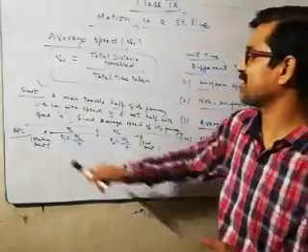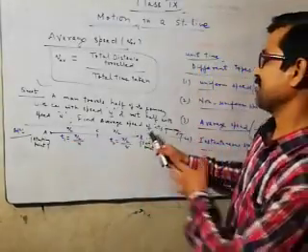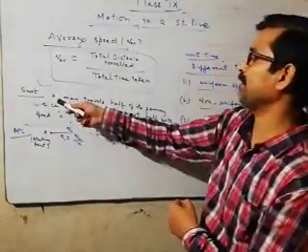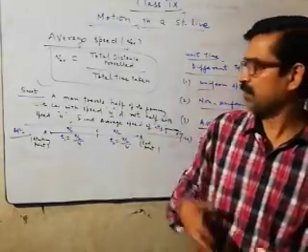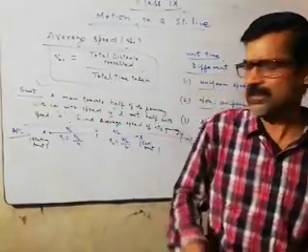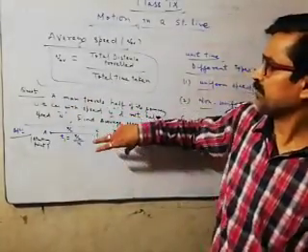Now if this distance from A to B is x, then of course half will be x by 2, another half will be x by 2.